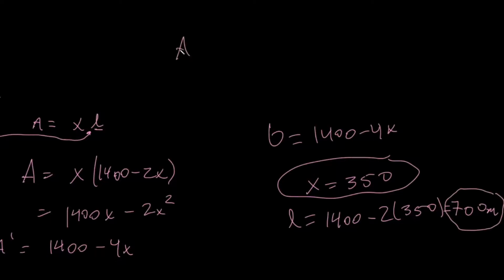So A equals 350 times 700, which is 245,000. It's big. 245,000 square meters. Is that correct? Yeah, it is. 350 times 700. Does that answer your question, Helen?